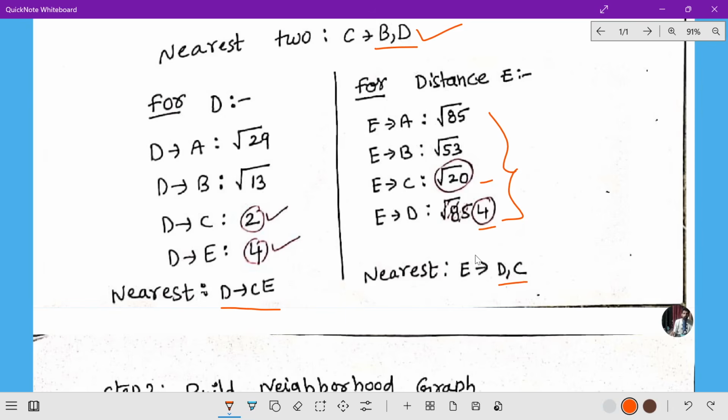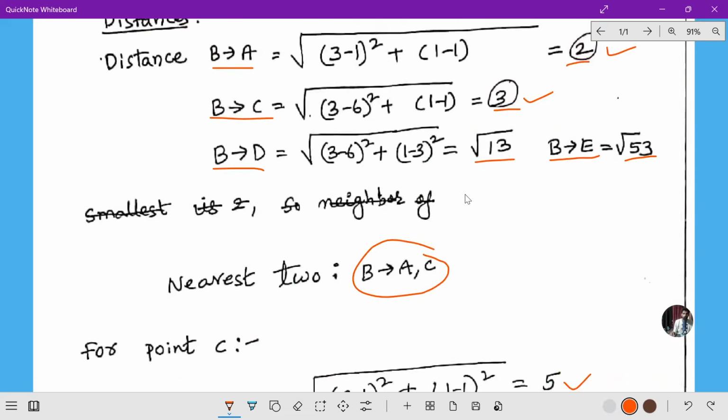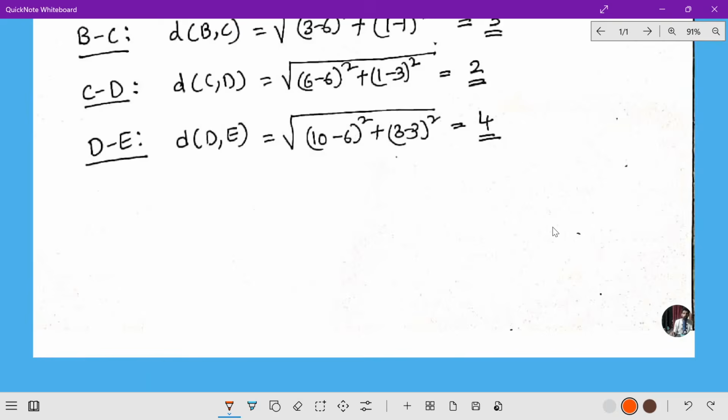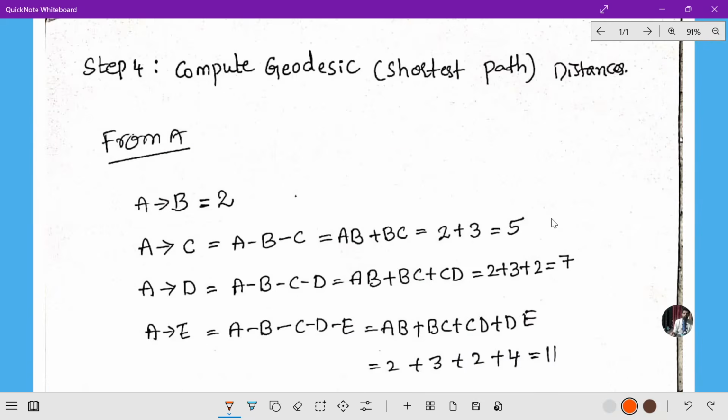So for E the smaller value is D first. That's why we have written D first, then C. So we completed step 1. We found all the values of A to B, A to C, A to D, A to E, B to A, B to C, and so on.